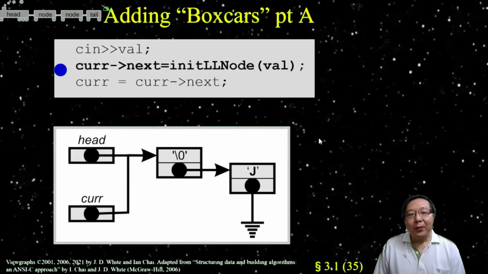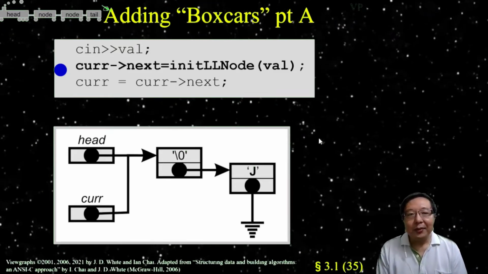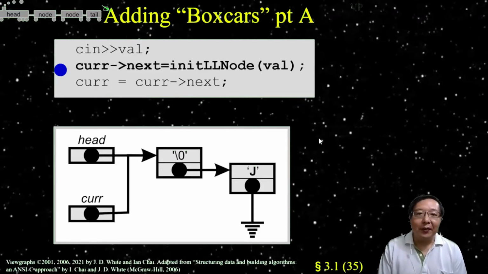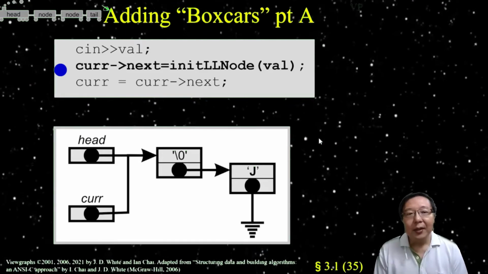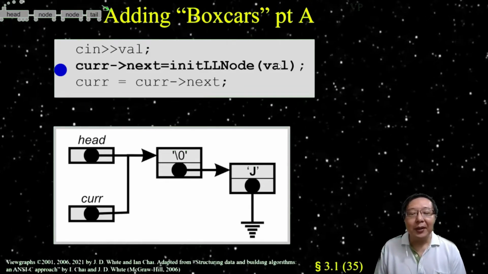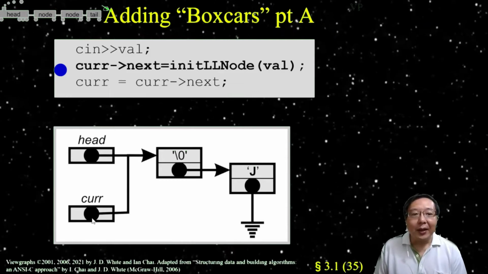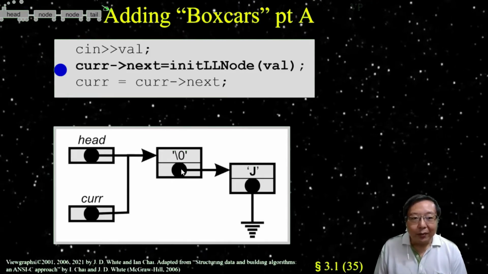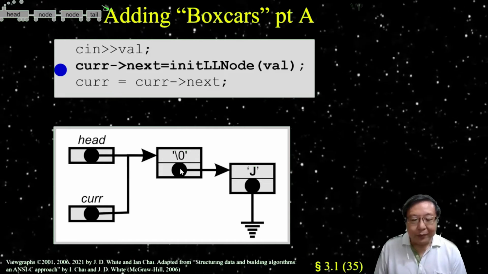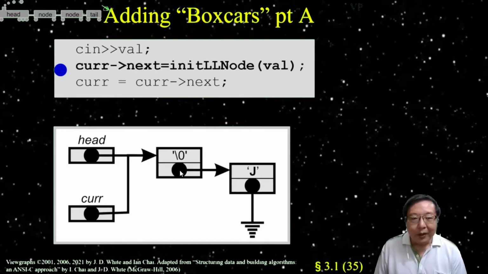Okay, then we want to start building the linked list, which means that we ask the user for a value, and let's say the user types j. If the user types j, then we say car arrow next equals initLLNode(val). That means that car is this guy, and arrow means that we're going to now look at this node, and the next, which is this pointer here, equals initLLNode.